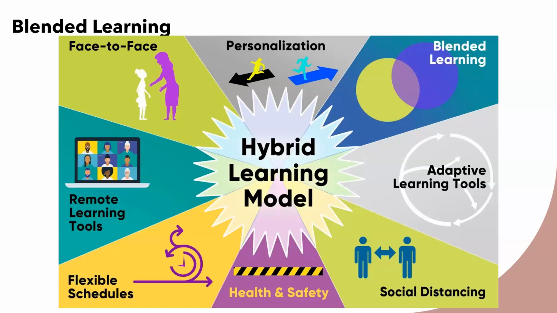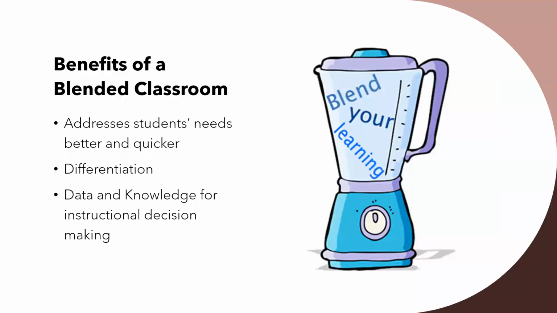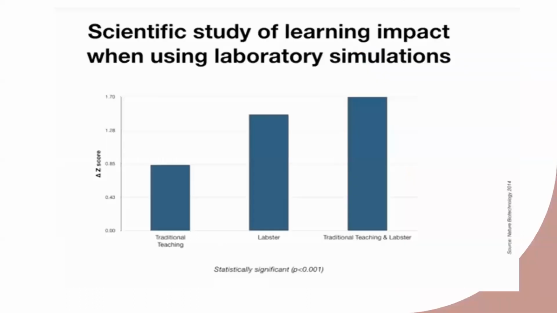So remote learning tools are also important because they're part of blended learning. Now, what are the benefits of a blended classroom? It addresses your students' needs better and quicker. There's a lot of differentiation embedded in blended learning. And then data and knowledge are given for instructional decision making at that point.